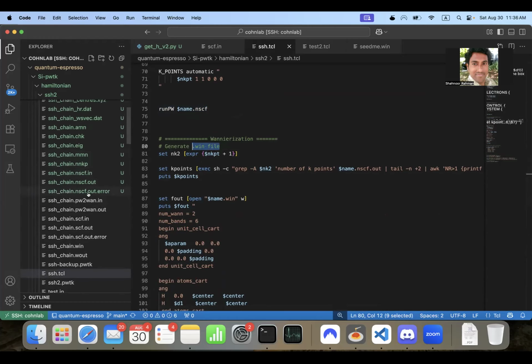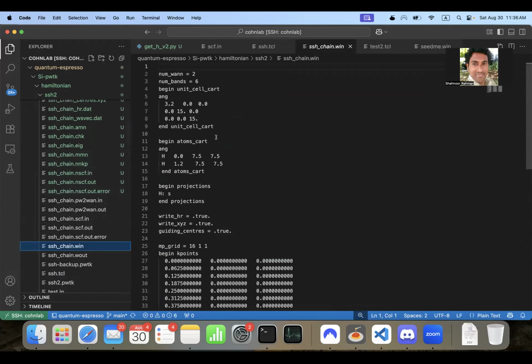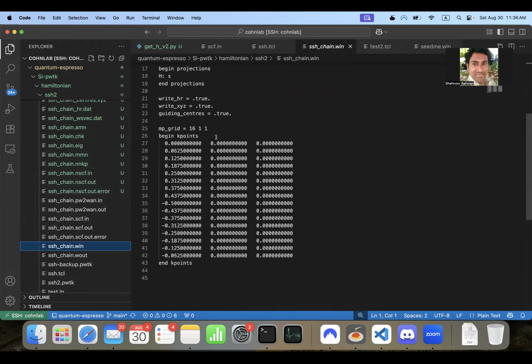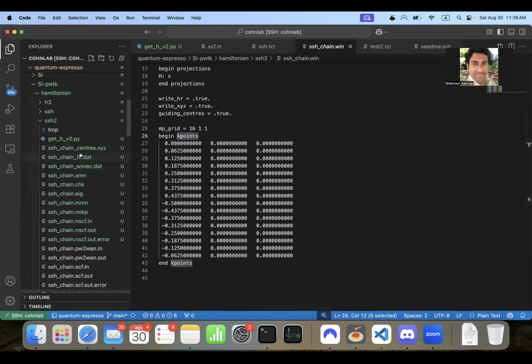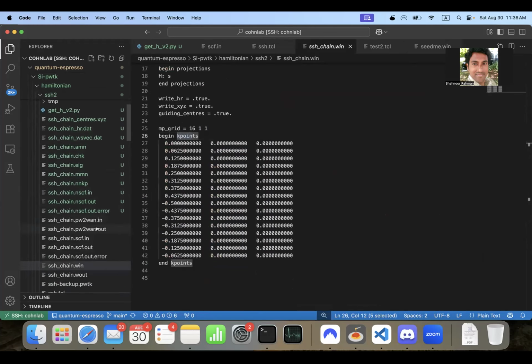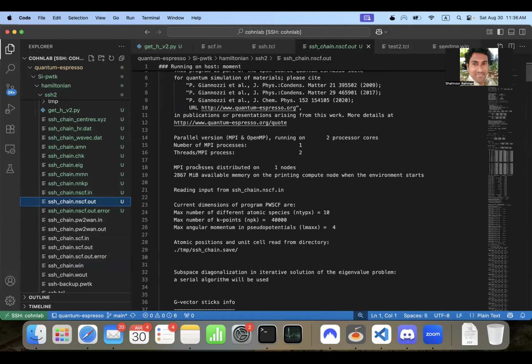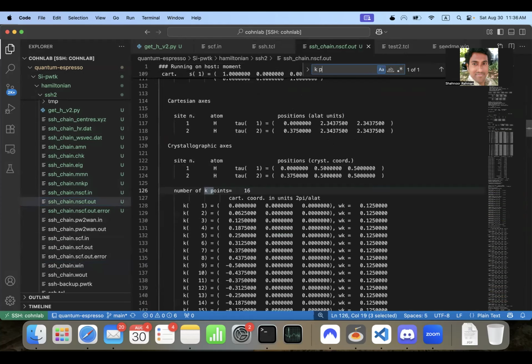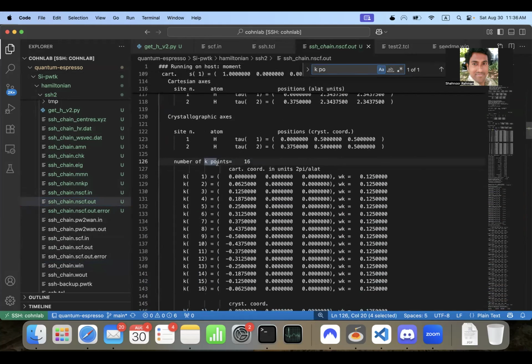where is the WIN file? Yeah, here. This WIN file, and you see these K points, they are copied from the nscf.out file. So if you go to nscf.out, you can search for K points. There are 16 K points.